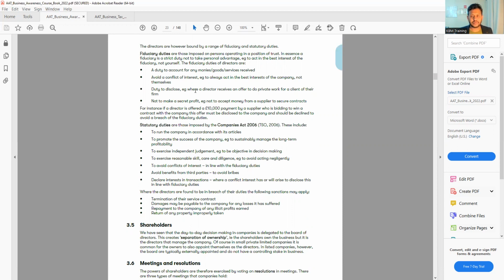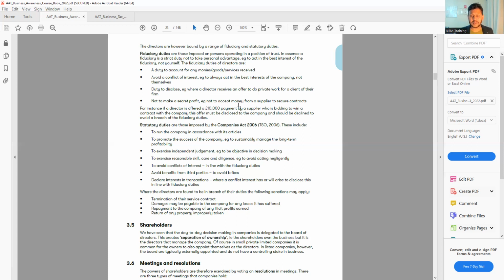Duty of disclosure. Obviously, if you do any other work besides that company, you have to disclose this information to the company. And not make any secret profit. For example, sometimes the director buys a product from a supplier, and the supplier tries to make the director happy.